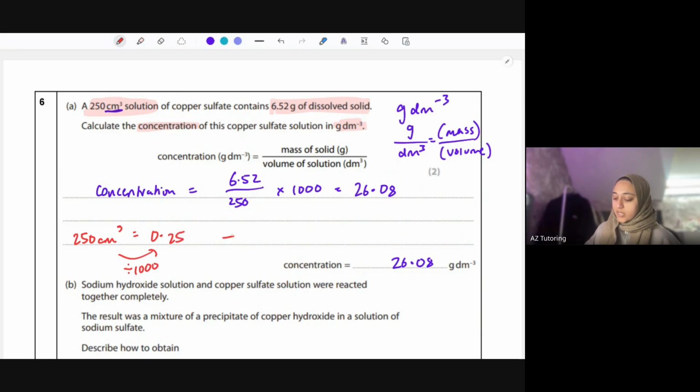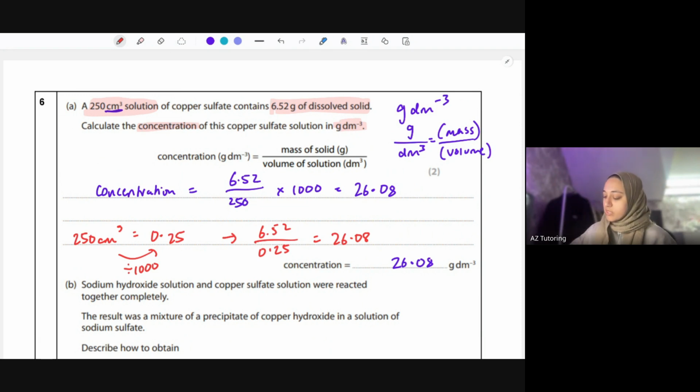And then you could substitute that into the concentration equation. So 6.52 divided by 0.25, you'll get the same answer, 26.08. Let me just double check you get the same answer. 0.25. And yep, you get the same answer.